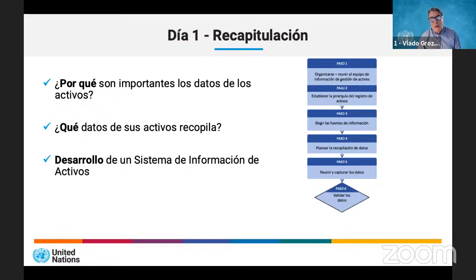So the first step was how to develop the asset management information team. What is important is that this team will have a commitment, and it's daily work. It's not only a project, but a continuous process. And this team will be forever in your organization.